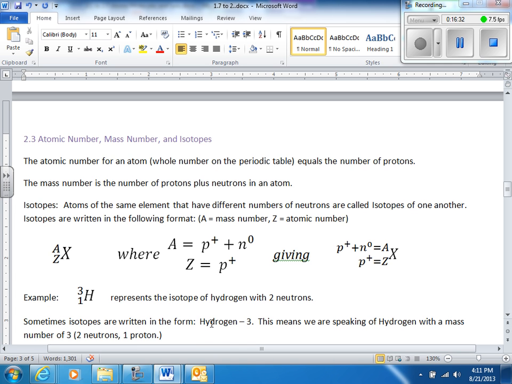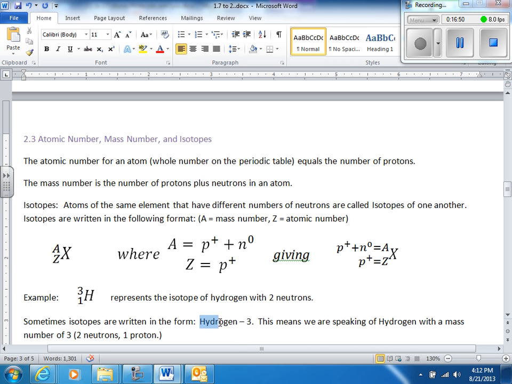And sometimes isotopes are written in this form, hydrogen dash the number 3. That says we're dealing with an atom of hydrogen, and this particular atom is an isotope with 3 minus 1, because hydrogen has 1 proton, 2 neutrons.